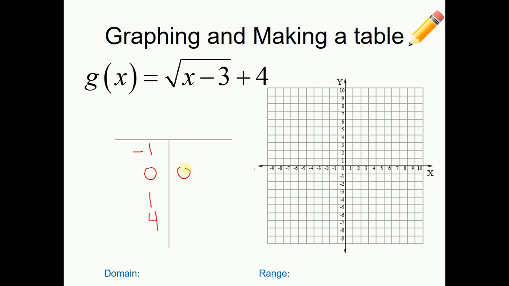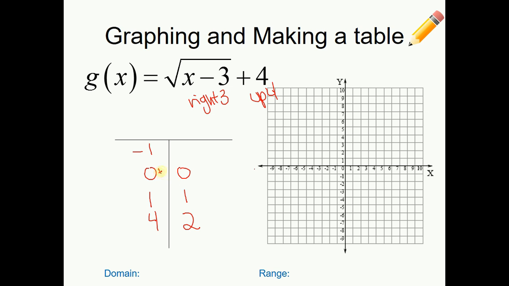Then I had 0, 1, and 2. So then I'm going to think here: how did this graph become what it is? Well, I went right 3 and then up 4, right? Because remember, if it's a negative on the inside, that makes you move opposite of what you thought, and then up 4.